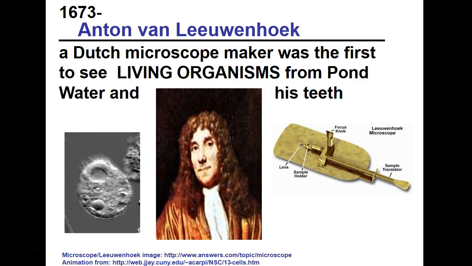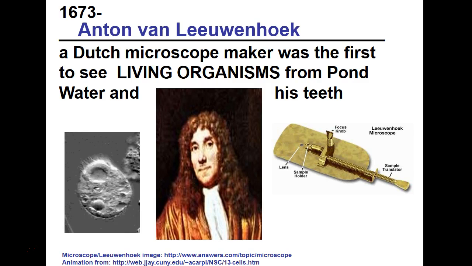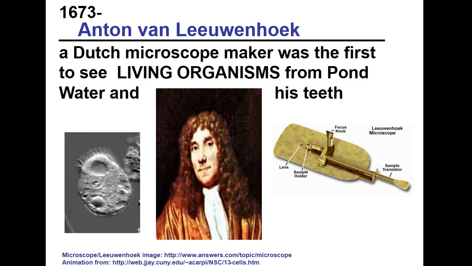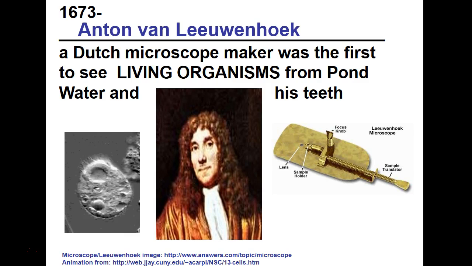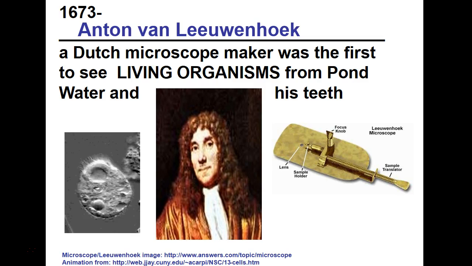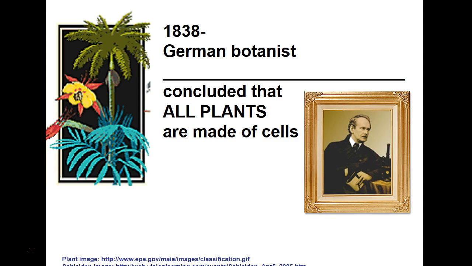So there's a lot of scrapings to be scraped off his teeth. He put it on the little sample holder. You can see it here, sample holder. You put it in focus, and you can see living things swimming around on your teeth. That is gross, but he is the first person, Anton, the first person to see living organisms. So he saw living organisms in 1673.